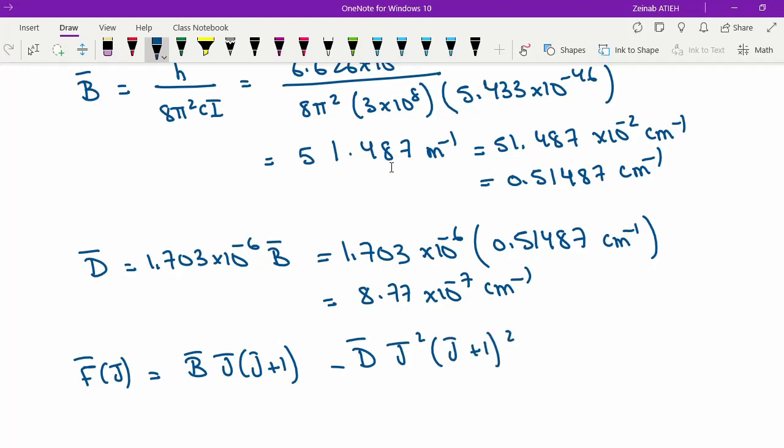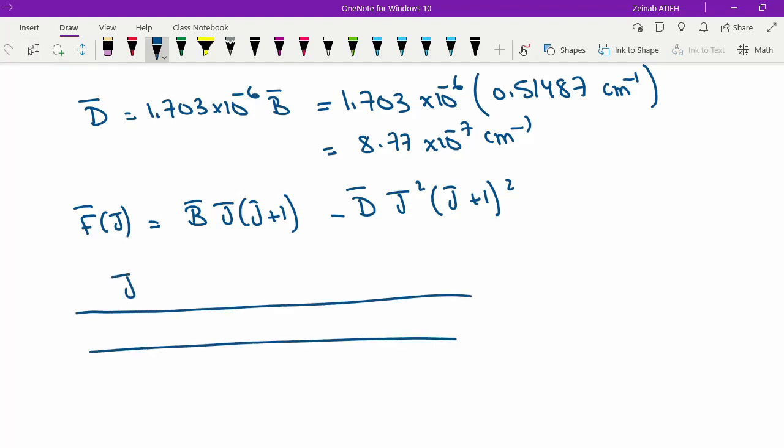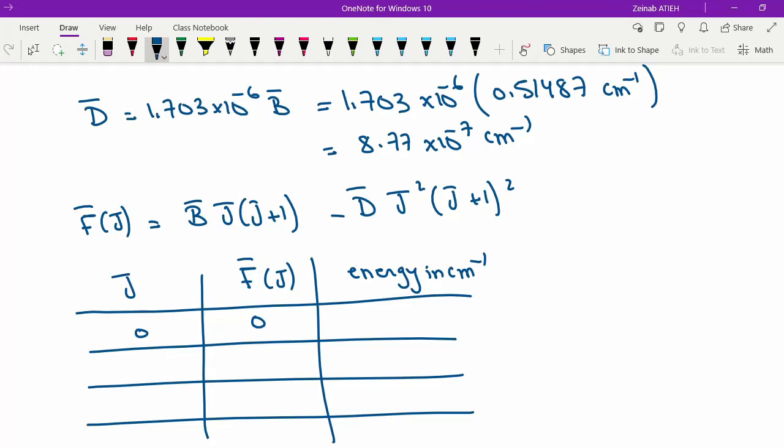I'm going to calculate the energy at the levels 0, 1, 2, 3 till 4 because we are going to find the first 4 lines. I'll draw a table showing the spectral term for different values of J. So this is my table: J, F bar J, and the energy in centimeter minus 1.